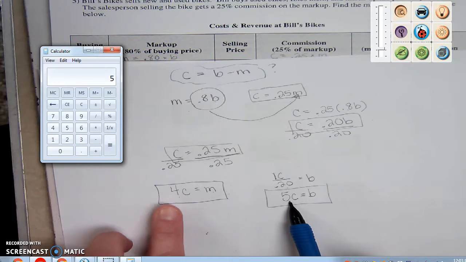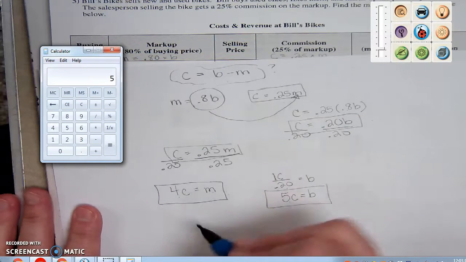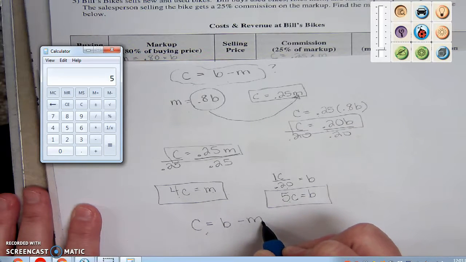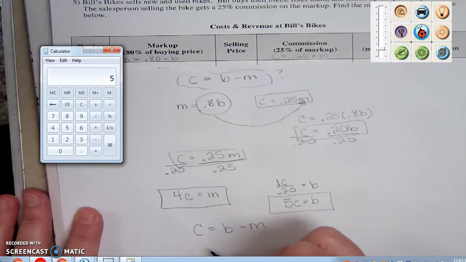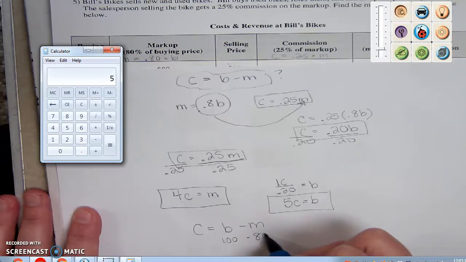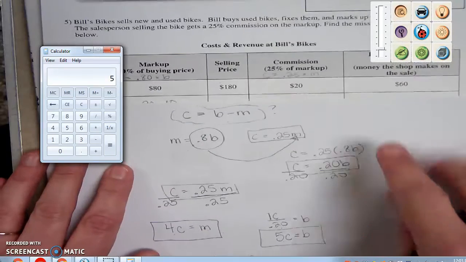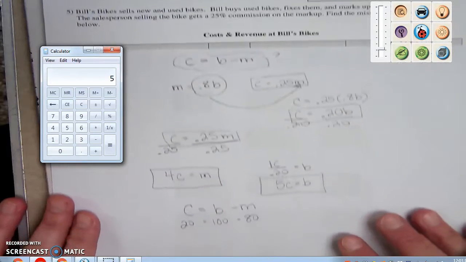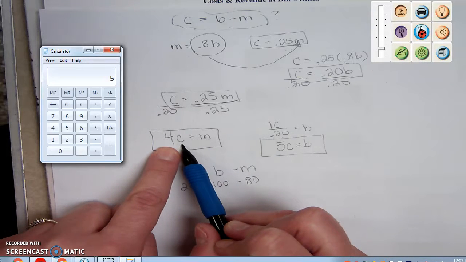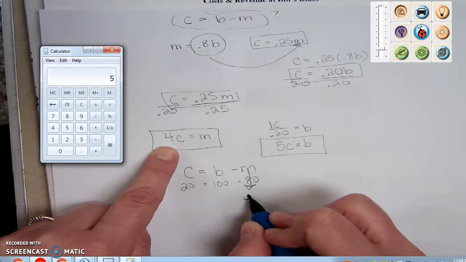We're going to take these two facts and go back to our hypothesis at the beginning. Remember we said that the commission always seems to be the buying price minus the markup. So when the buying price was $100 and the markup was $80, the commission was $20, which is true in this table. So let's see why that is algebraically. Remember that the markup is 4 times the commission. So where I see markup, I'm going to write 4 times the commission.